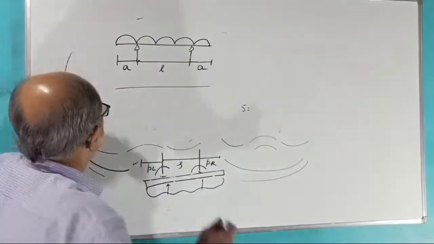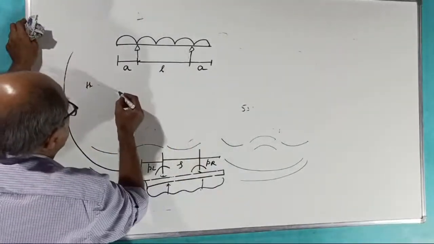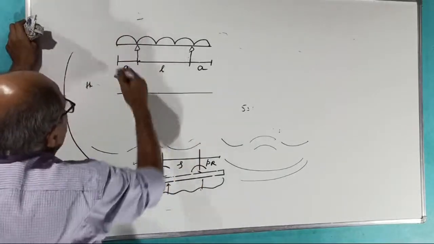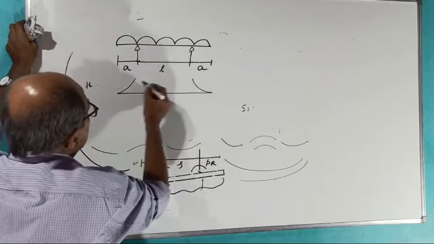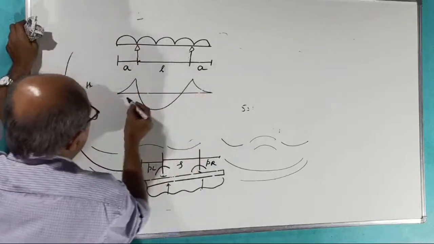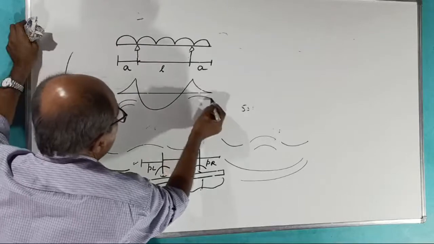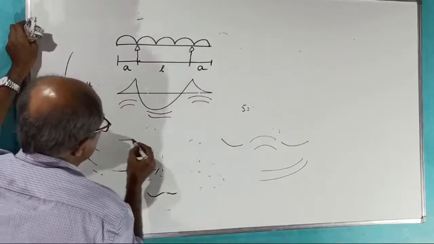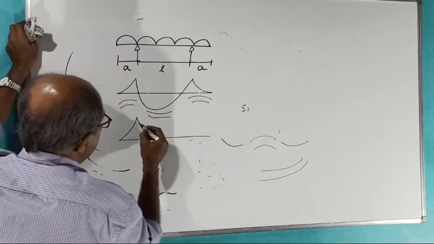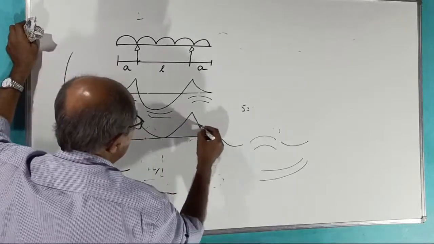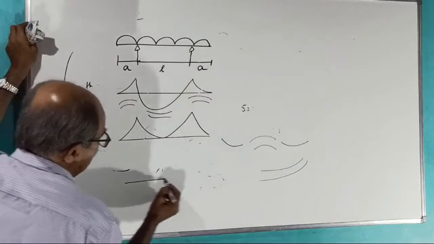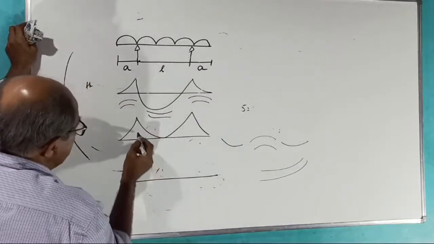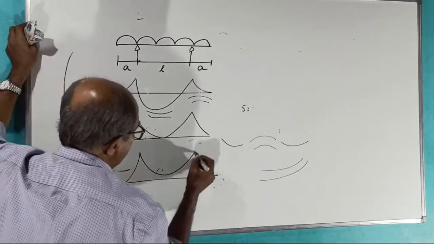That's all. See, now, three BMDs are possible. One of the BMDs is, see, this will bend over. This is the BMD: hogging and sagging. Another BMD is a rare case, 0 here. One more case of BMD is sagging, hogging, with full tension at the top, this way.